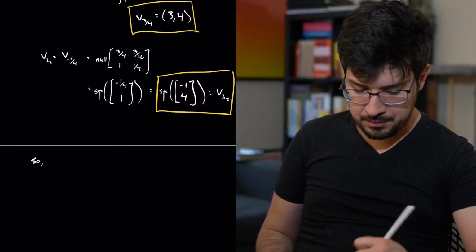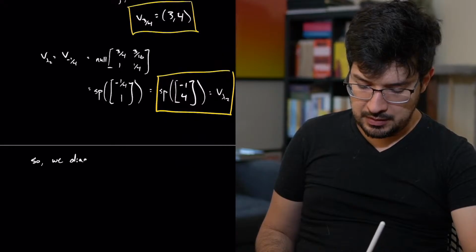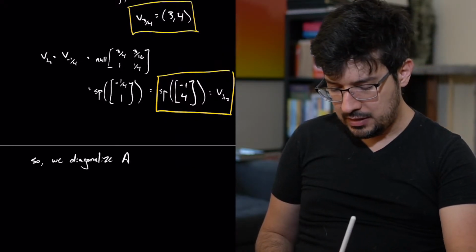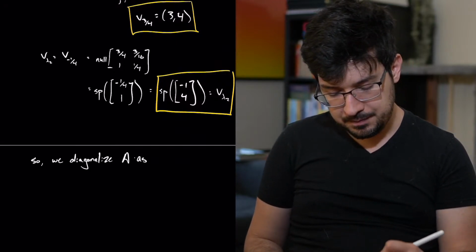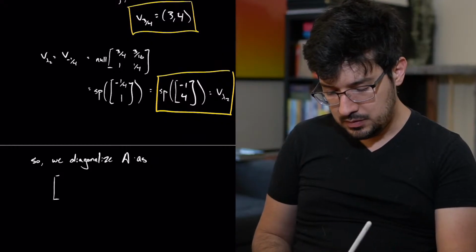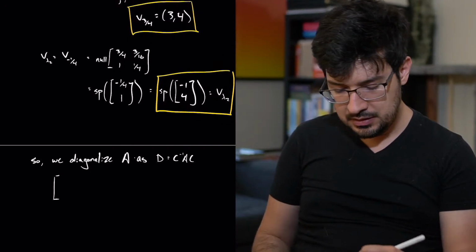So we diagonalize A as D equals C inverse AC.